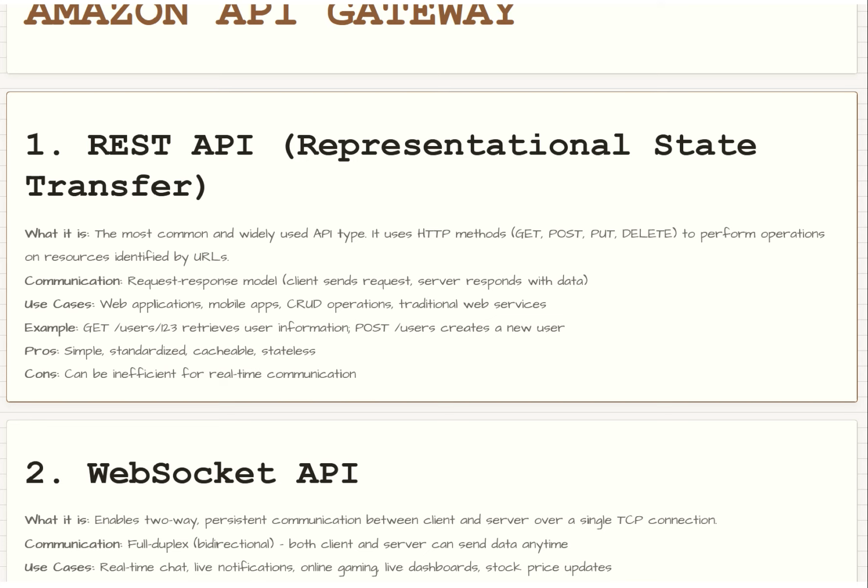It uses HTTP GET, POST, PUT, DELETE to perform operations on resources identified by URL. It's a request-response model: the client sends a request and the server responds with data. It's used for web applications, mobile applications, CRUD operations, and traditional web services.